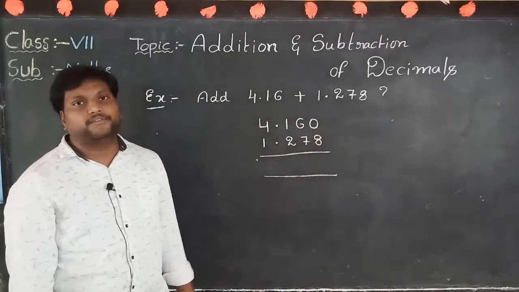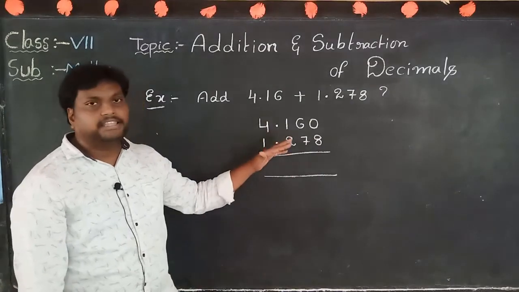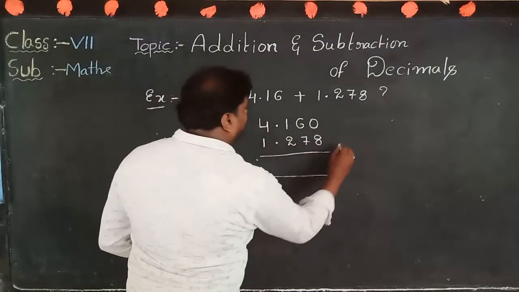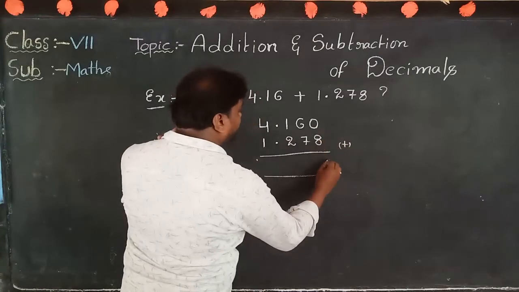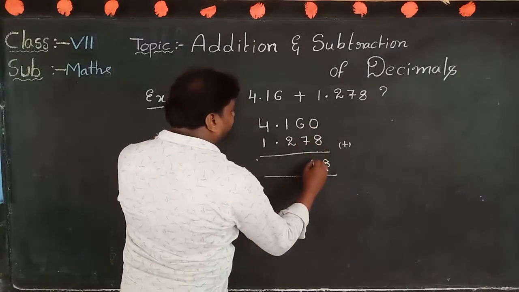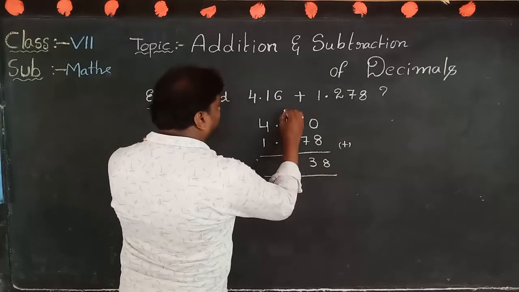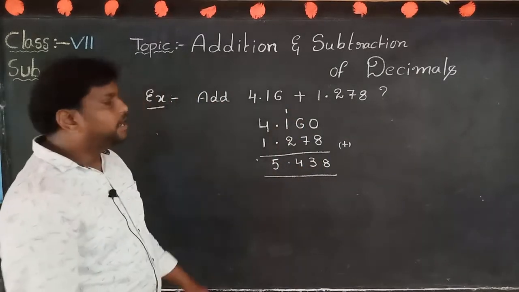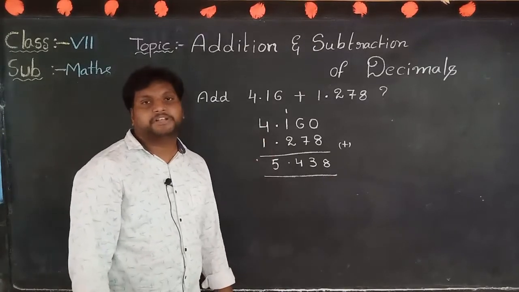Now these two are like decimals. For our convenience, add: 0 plus 8 is 8, 6 plus 7 is 13, 4 and 1 is 5. This is the addition of unlike decimals.